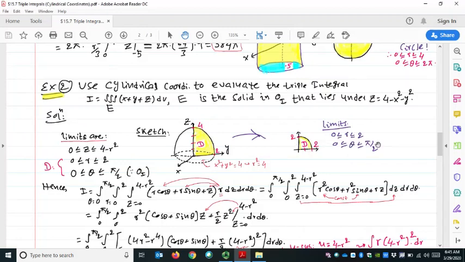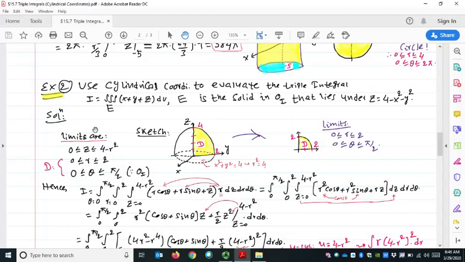Great. So the limits are z between 0 and 4 minus r square, r limits 0 to 2, theta limits 0 to pi over 2.